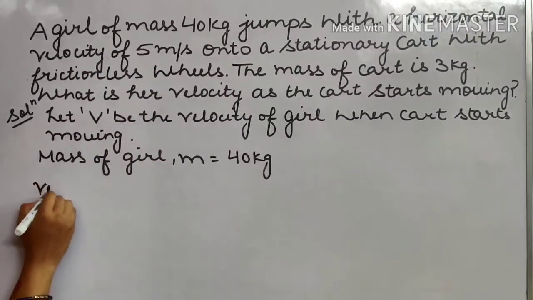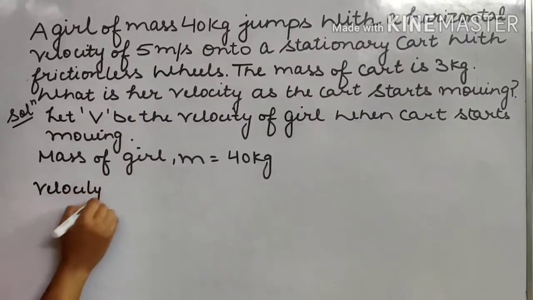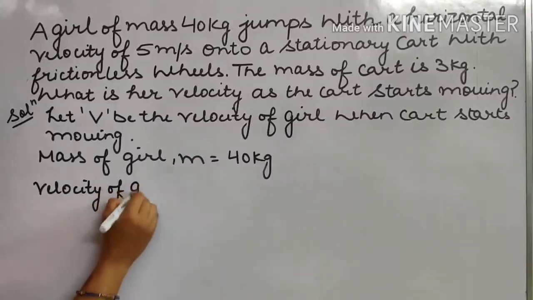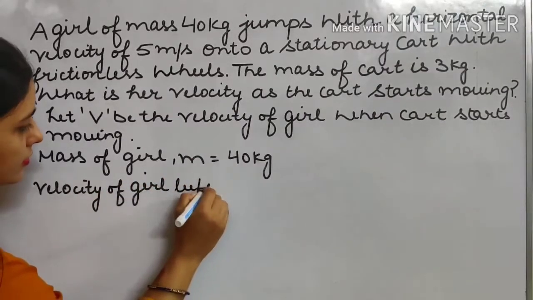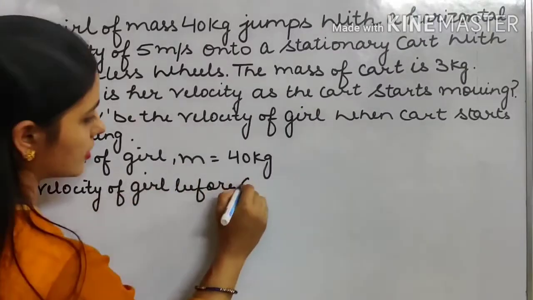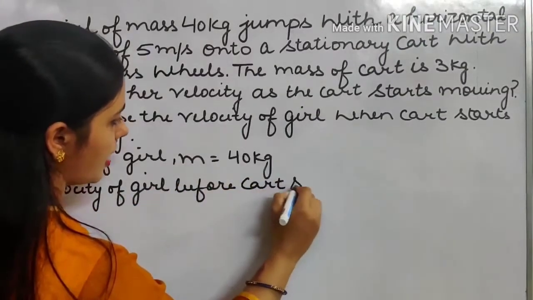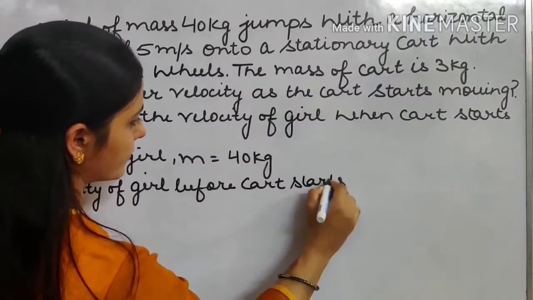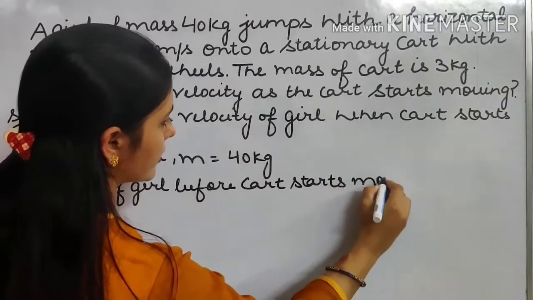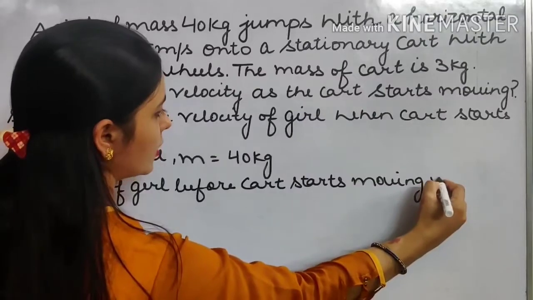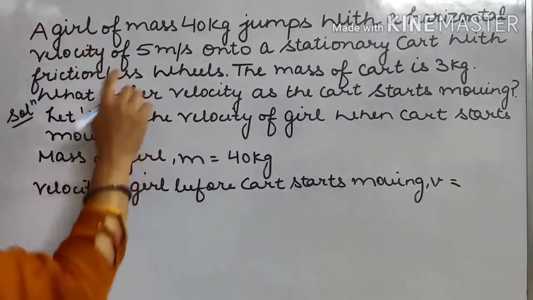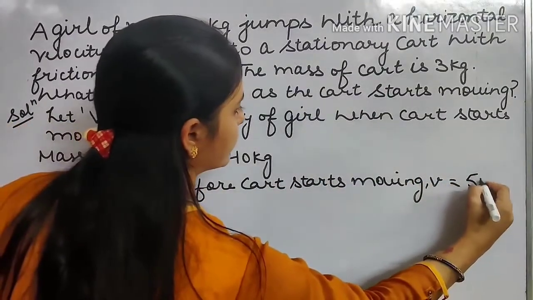That means velocity of girl before cart starts moving, that is small v, you can say 5 meters per second.